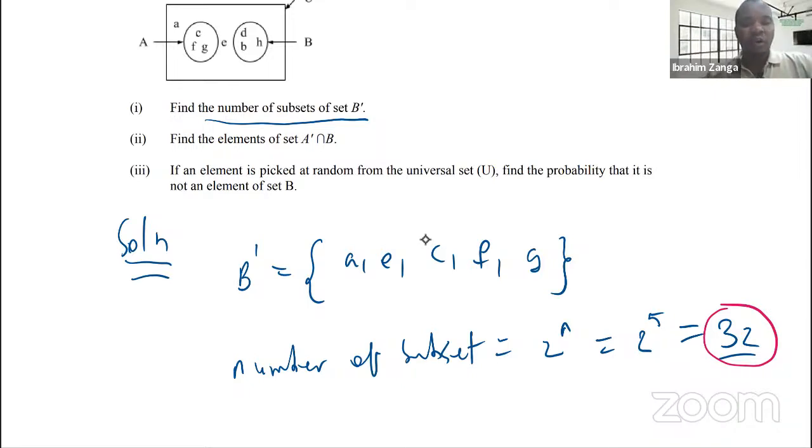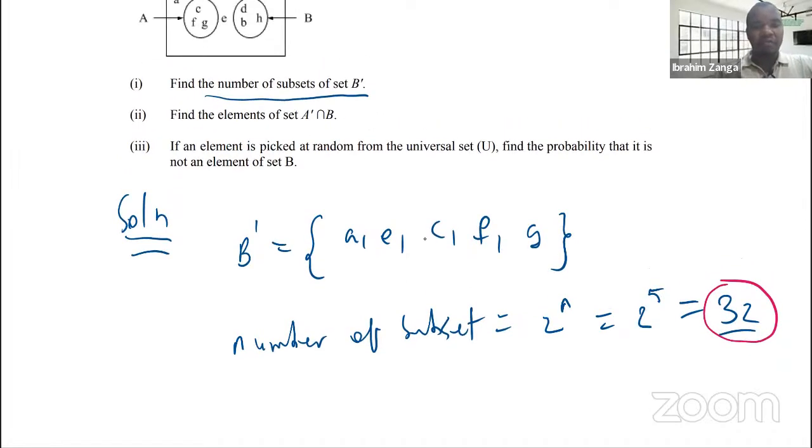Find the elements of set A complement intersection B. Okay. So we have to check A complement, first of all.